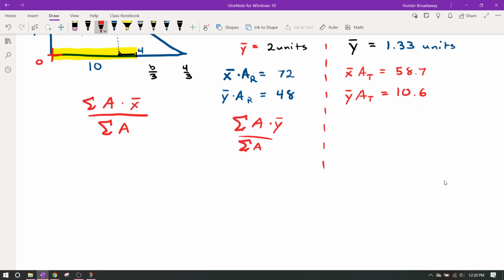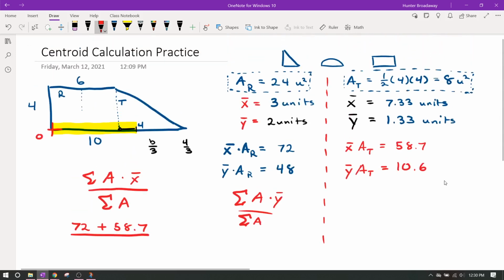For the first one, it's the sum of the areas times the x bars, and we have those. For the x bar times AR, there's 72, and for the x bar times AT, that's 58.7. So I've got to add 72 and 58.7. And then on the bottom, it's the sum of the areas of both of the units.